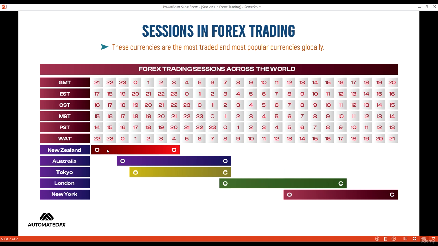From here to here, we only have traders in New Zealand. The most active intersection will be this point where my mouse is pointing, because it's at this point that we have all of these players present.